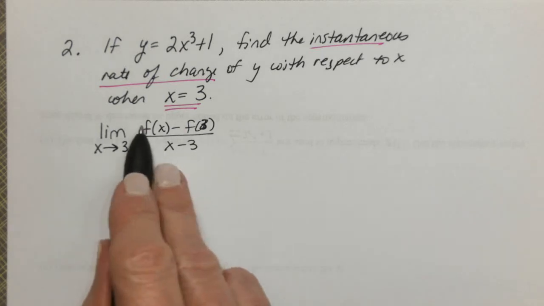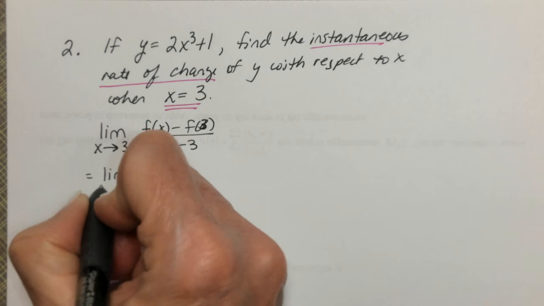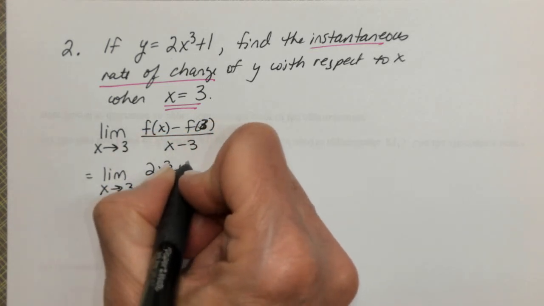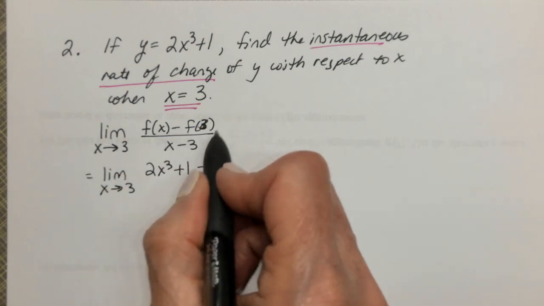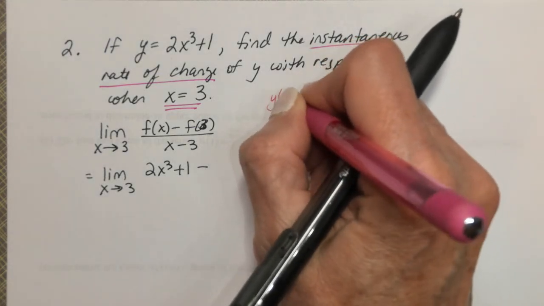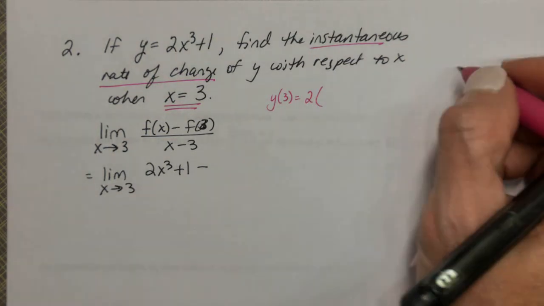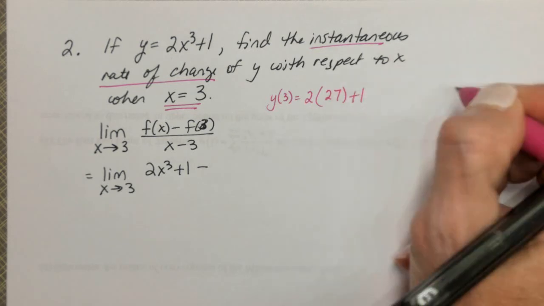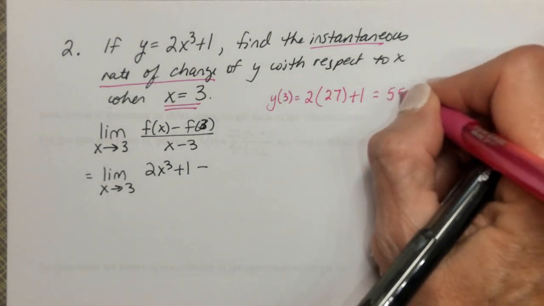My f of x is just my y. So that'll be 2x cubed plus 1, minus, now I need my f of 3. Time to come up here and do some scratch work. y at 3 will be 2 times 3 cubed. 3 cubed is 27, plus 1. 2 times 27 is 54, plus 1 is 55.